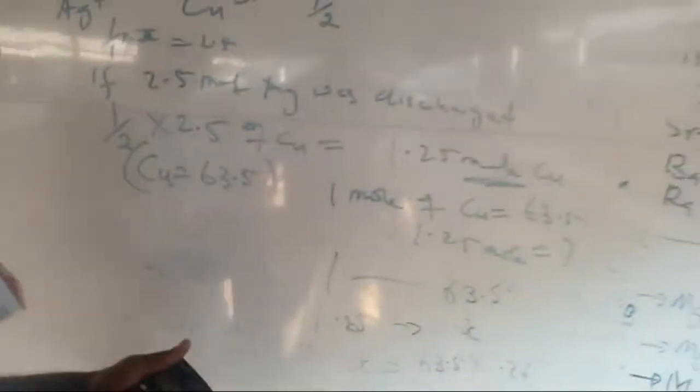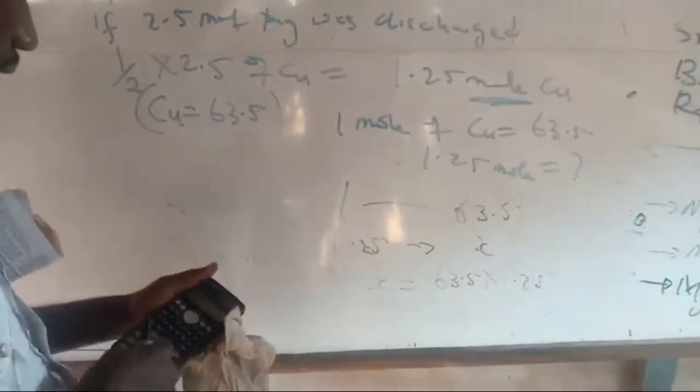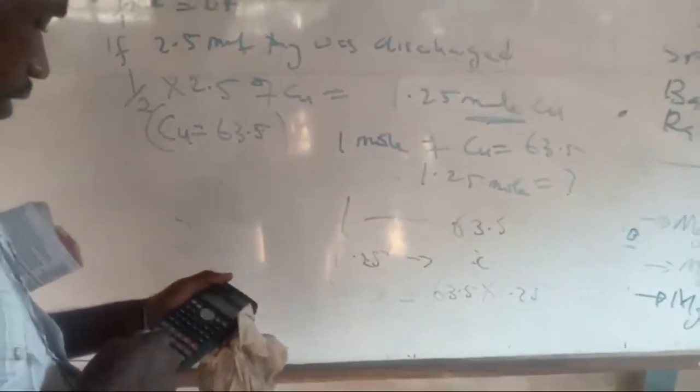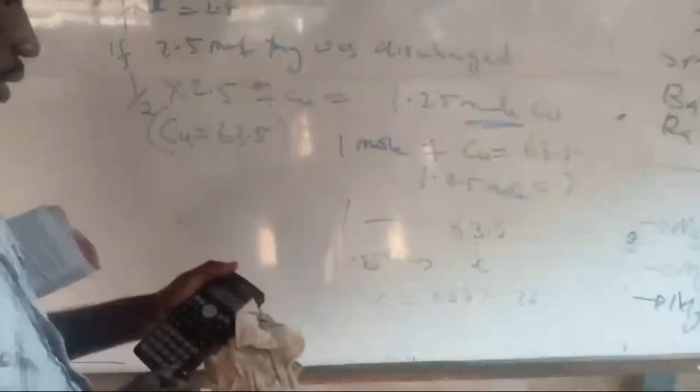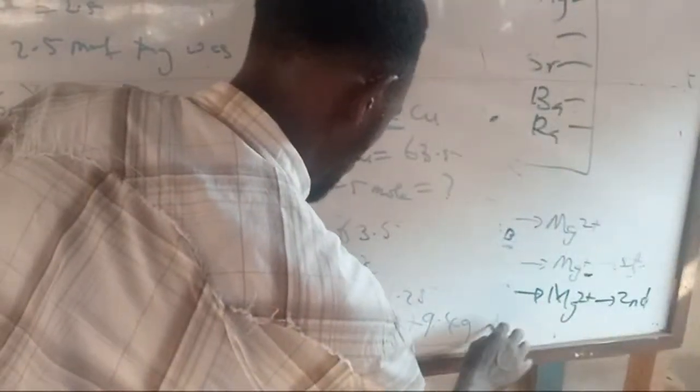From the calculator, we have 63.5 times 1.25, so we have 79.4 grams approximately as our answer.